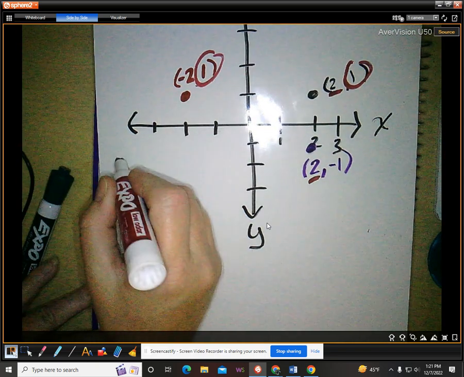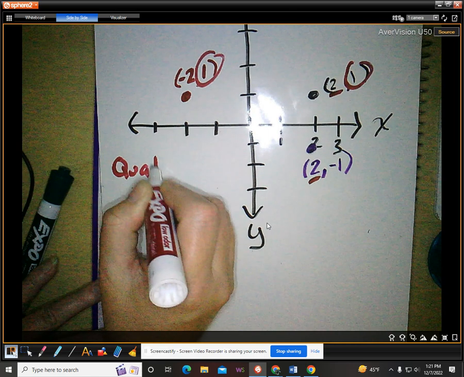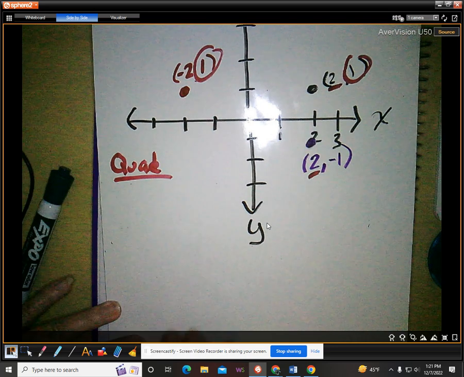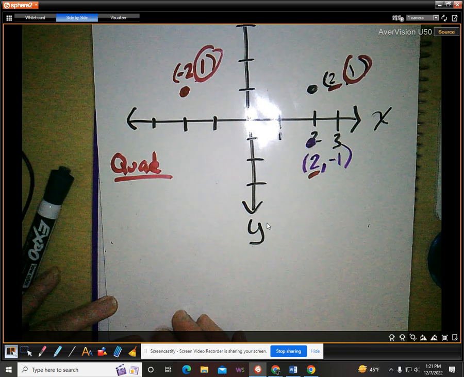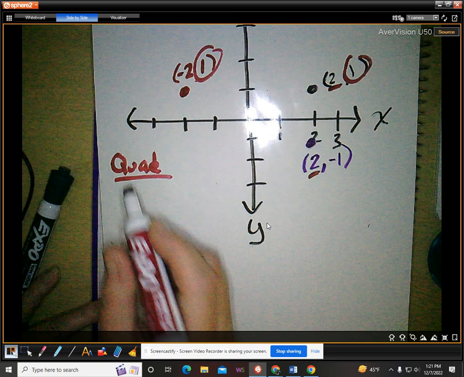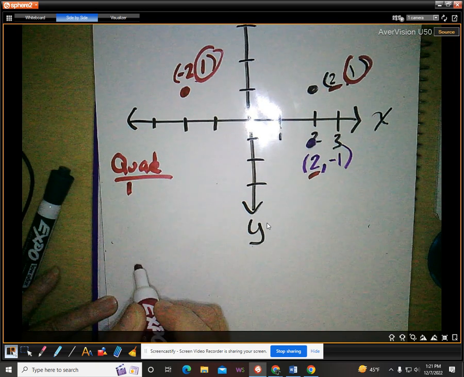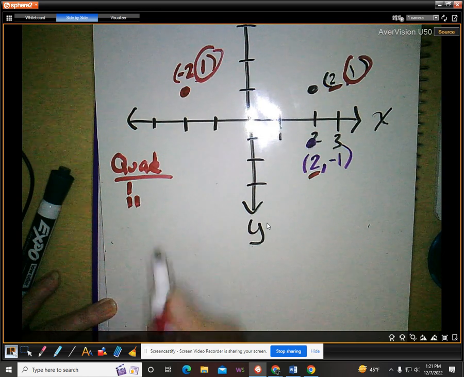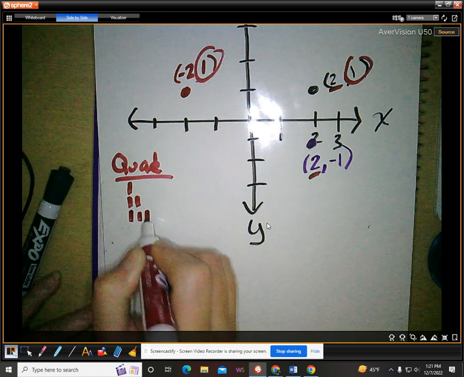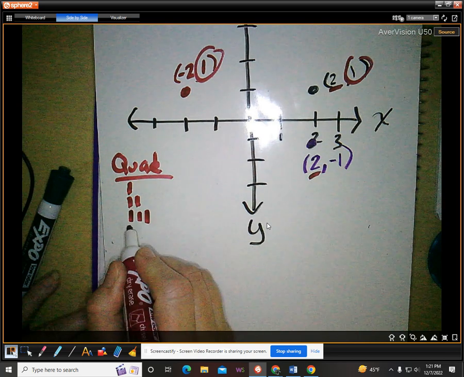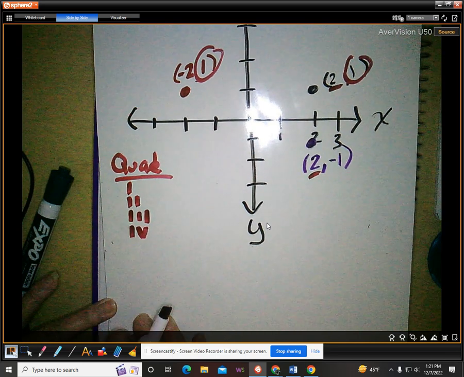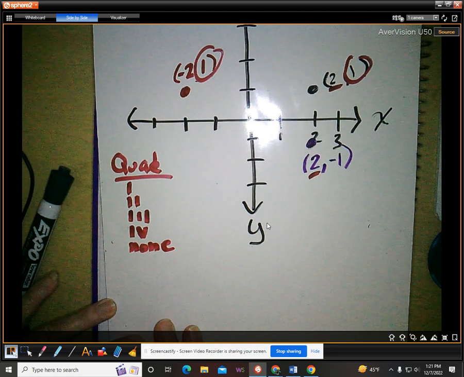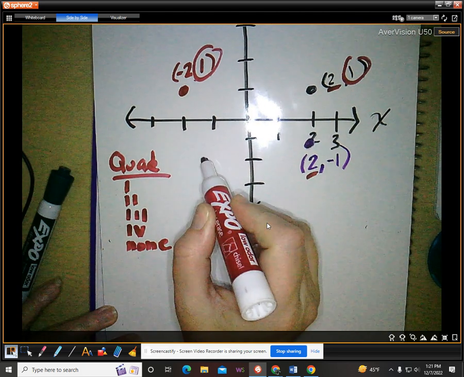When you're typing quadrants into Canvas, you can't type a Roman numeral, so you're using capital letters. Quadrant 1 would be a capital I. Quadrant 2 would be 2 capital I's. Quadrant 3 would be 3 capital I's. Quadrant 4 is a capital I, a capital V. Or it might be none of them. N-O-N-E.